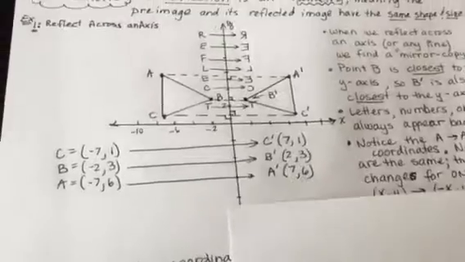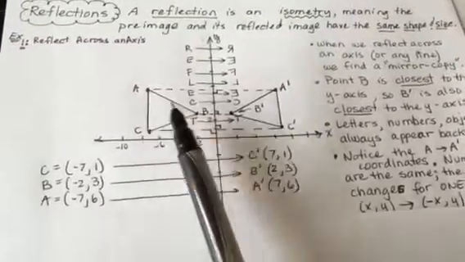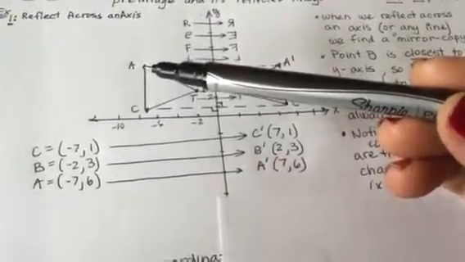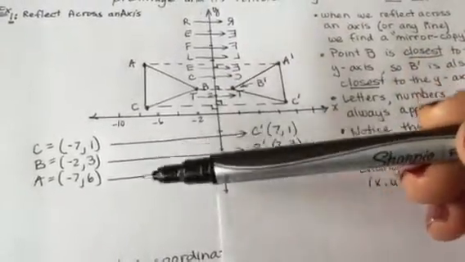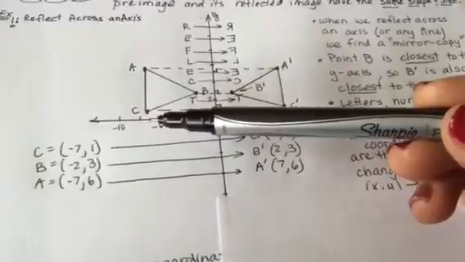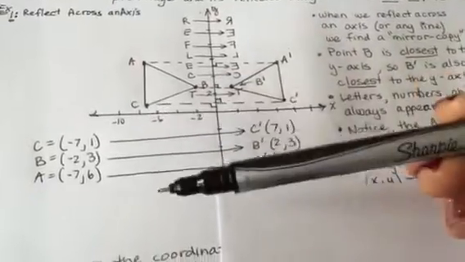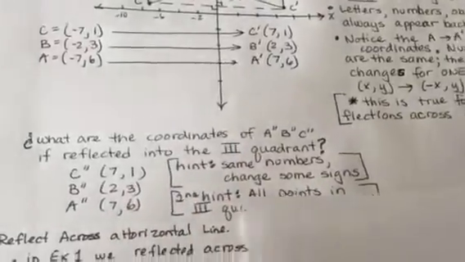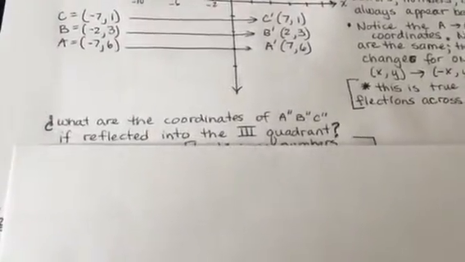So, here we've gone from A to A prime. I'm going to ask you to pause and go from A to A double prime by reflecting across the x-axis. What are the coordinates of A double prime, B double prime, C double prime, if reflected into the third quadrant?